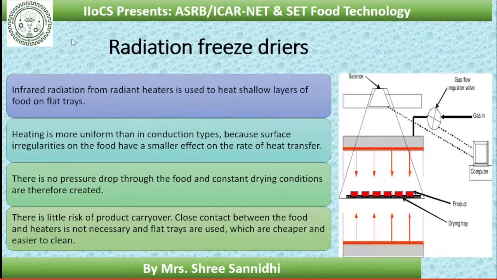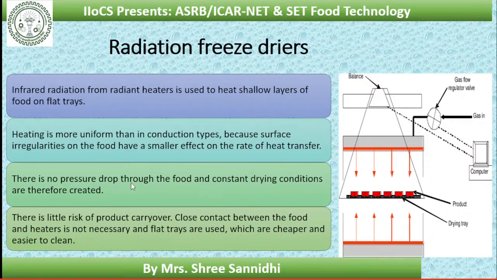Next is radiation freeze dryers. Infrared radiation from radiant heaters is used to heat shallow layers of food on flat trays. So on flat trays, the radiation is moved into the shallow layers of food.